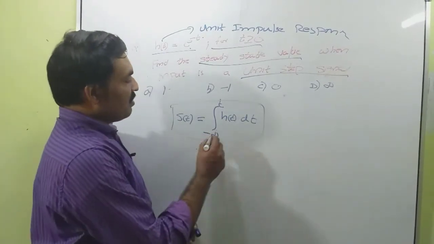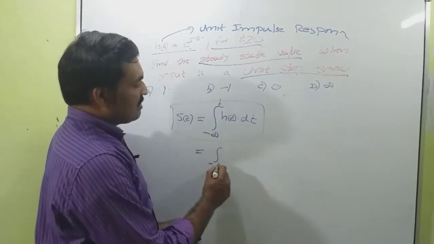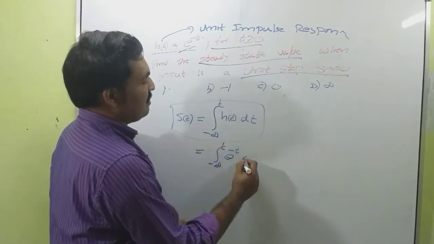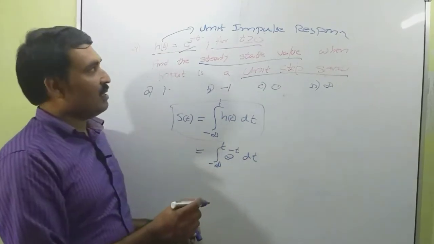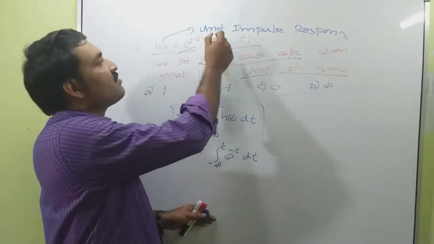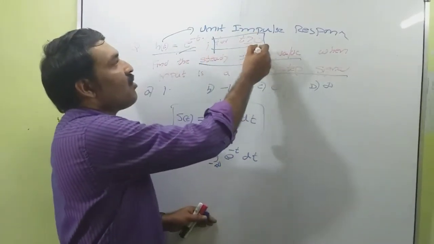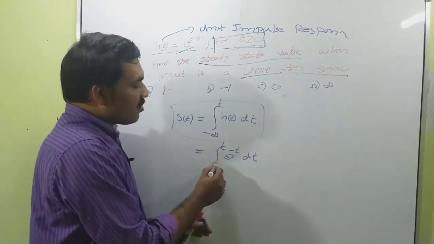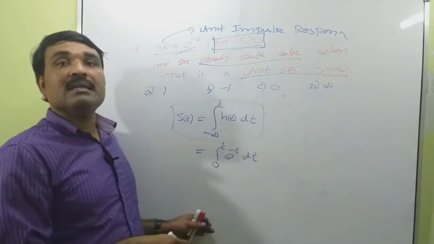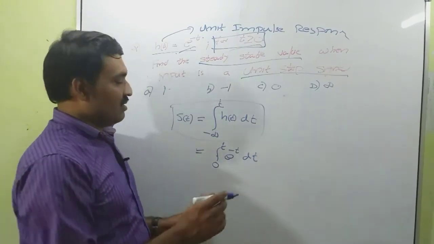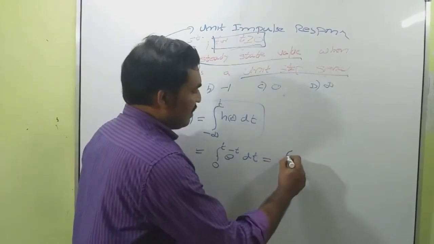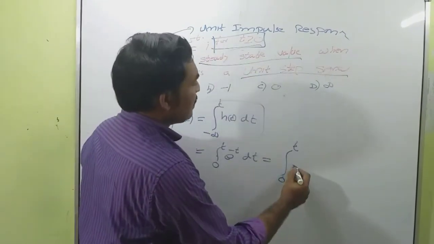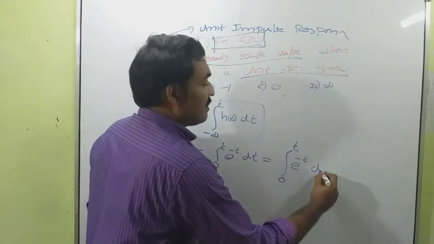Now this is equal to the integral from minus infinity to t of e^(-t) dt. The impulse response is defined for t greater than or equal to 0, so the lower limit becomes 0 to t of e^(-t) dt.